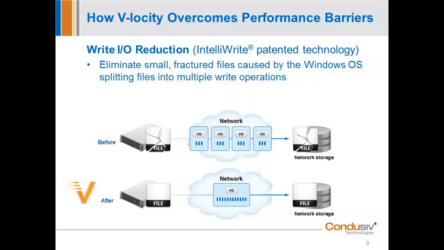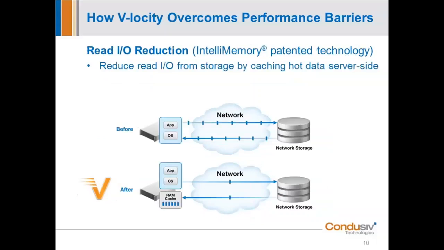So when the file system looks for the allocation, rather than just finding the next allocation, it's finding the best fit allocation. And by doing that, now when it writes out that data, it has allocation to write all that data out in one big piece rather than saying, oh, fill that one, I got to go fill another one up. And what that results in is a nice sequential I/O. Very simple, very safe. And that's our IntelliWrite technology there.